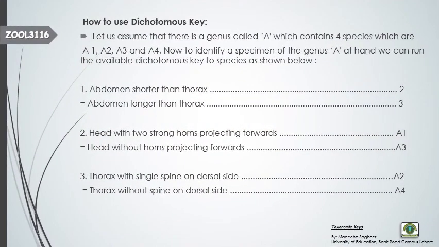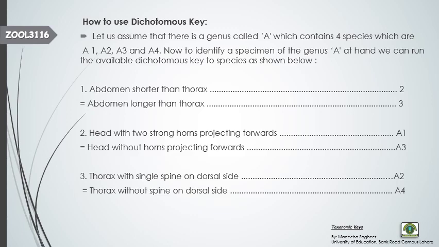Okay, how to use a dichotomous key? Now it's very important to know how we can read the dichotomous key. So to make you understand properly so that you can read the dichotomous key, I have given an example here.